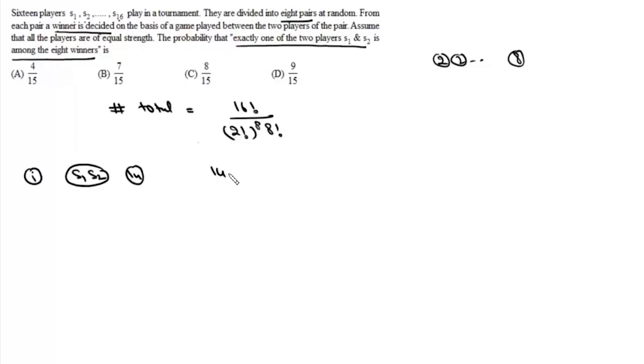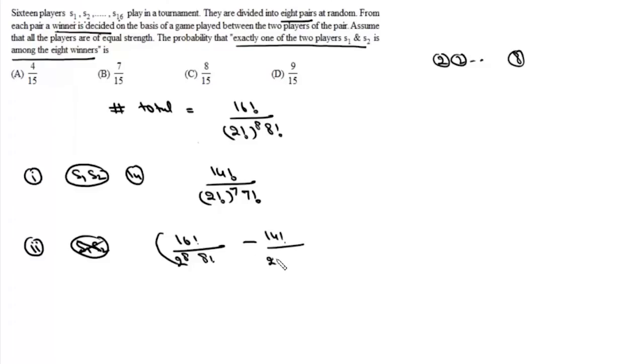So there will be factorial 14 upon factorial 2 to the power 7 and factorial 7. And the second case is when S1 and S2 are not paired against each other, and such pairings will be the total possibilities, which is factorial 16 upon 2 to the power 8 factorial 8, minus factorial 14 upon 2 to the power 7 factorial 7.